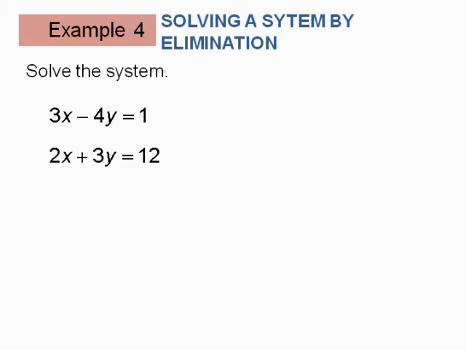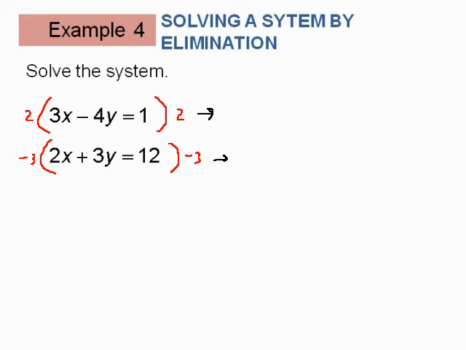Most students will say the x numbers are a little smaller, so we'll do that. We'll multiply this by 2 and this one by -3. You see why I chose those? Now you could have made the top -2 and the bottom +3. So as long as you get those coefficients opposites, you're okay.